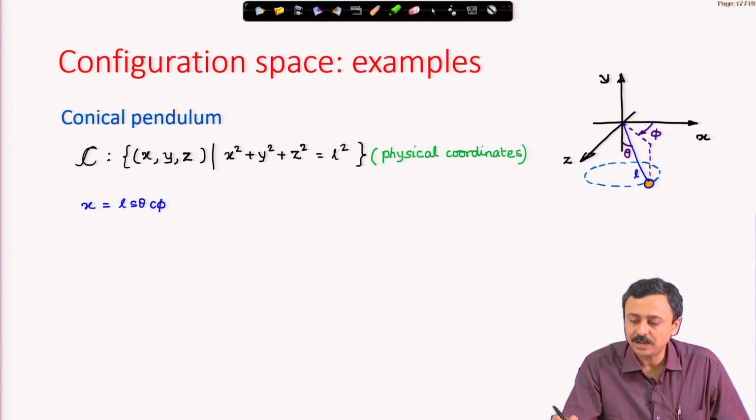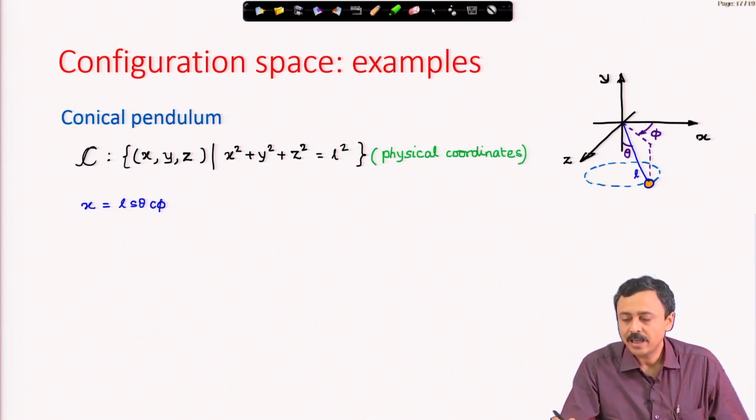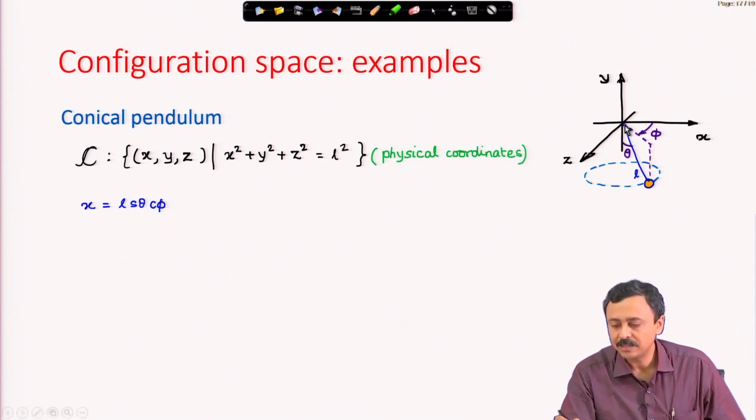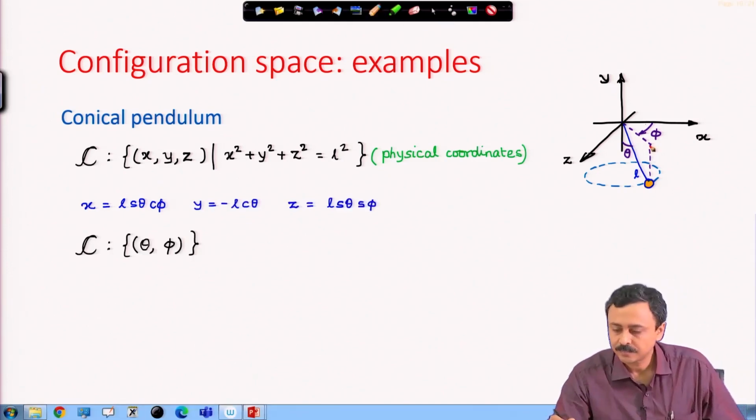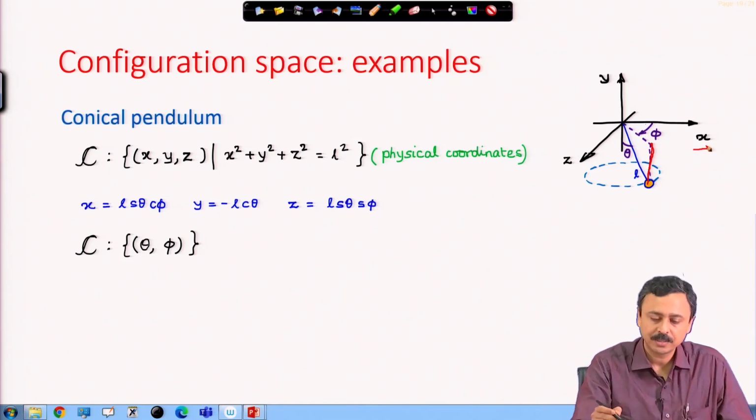Theta is the angle made by the string with the y axis, and phi is the angle made by this radial line which goes to this point which is vertically above the bob, and this angle measured from the x axis is phi.